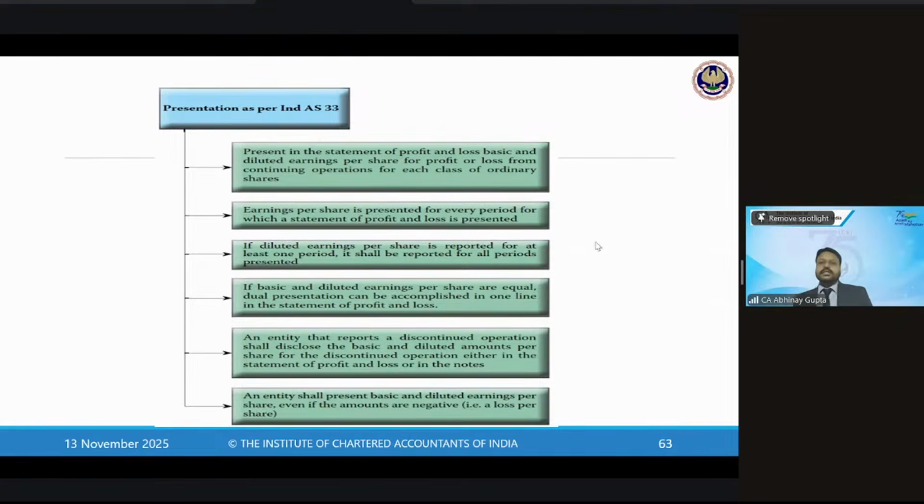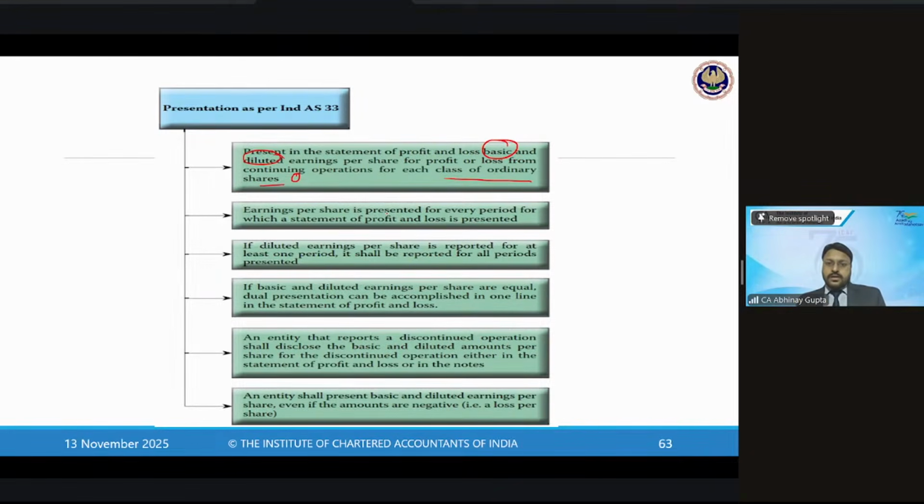Okay, so let's see how presentation requirements are under Ind AS 33. Ind AS 33 says present in the statement of profit and loss the basic and the diluted earning per share for the profit and loss from the continuing operations for each class of the ordinary shares, right?